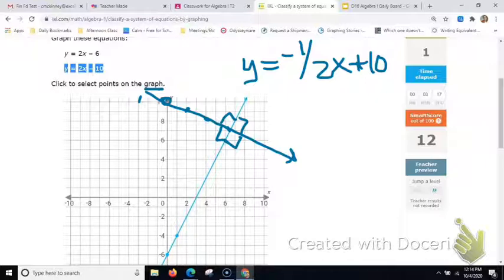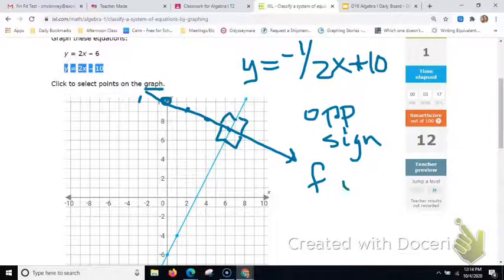So notice what I did with the slope. It's the opposite sign. So it was positive 2, the other one's negative. This one is negative, and it's the reciprocal. That means it's opposite and it's flipped. So a whole number as a fraction is over 1, so when I flip it, the 1 becomes on top.